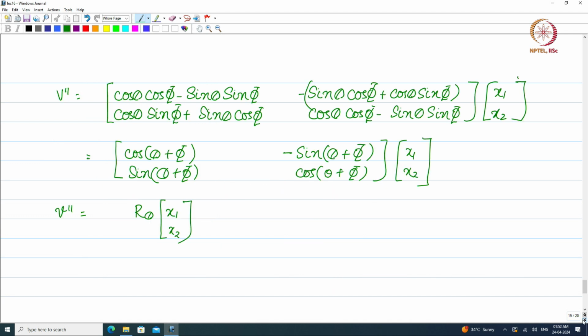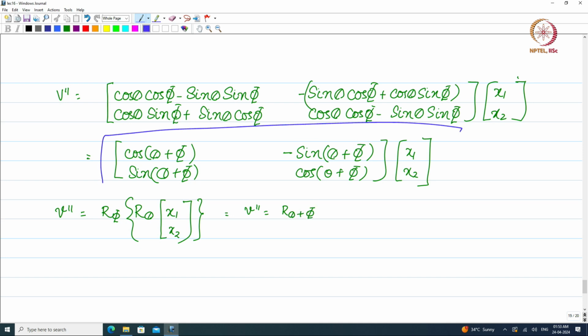So, what we get, V double prime is the effect of r theta on x1 x2, and the resulting vector I am going to transform using r phi. So, what did we get? Basically V double prime was r of theta plus phi, that is the matrix that we get here. This corresponds to r theta plus phi.